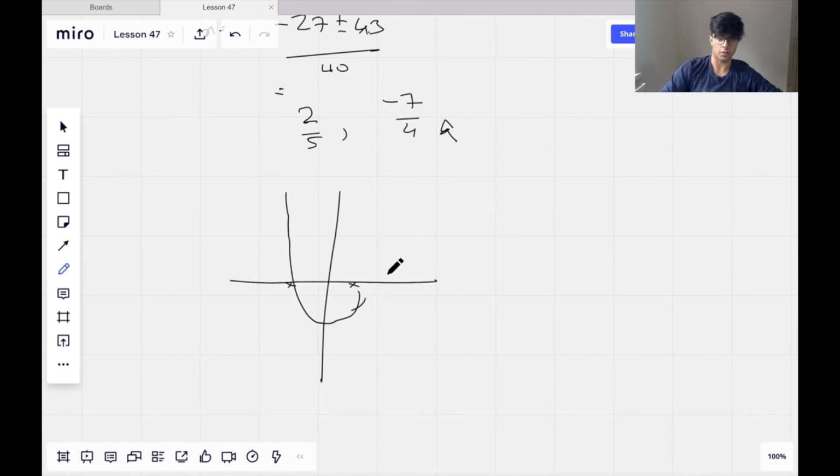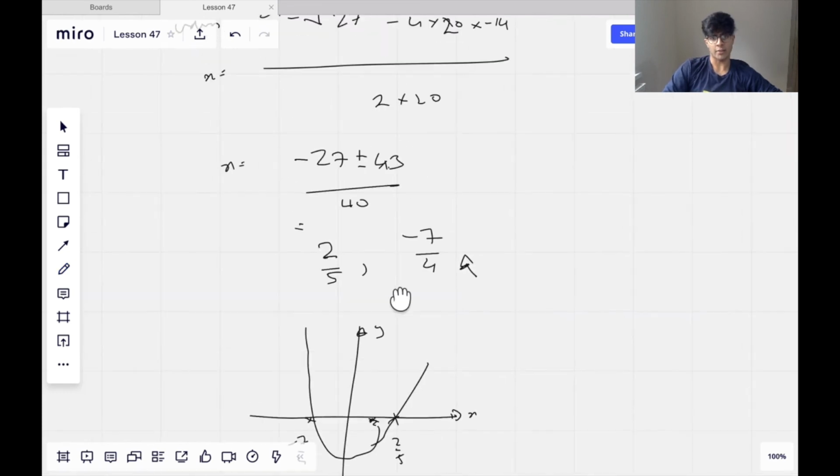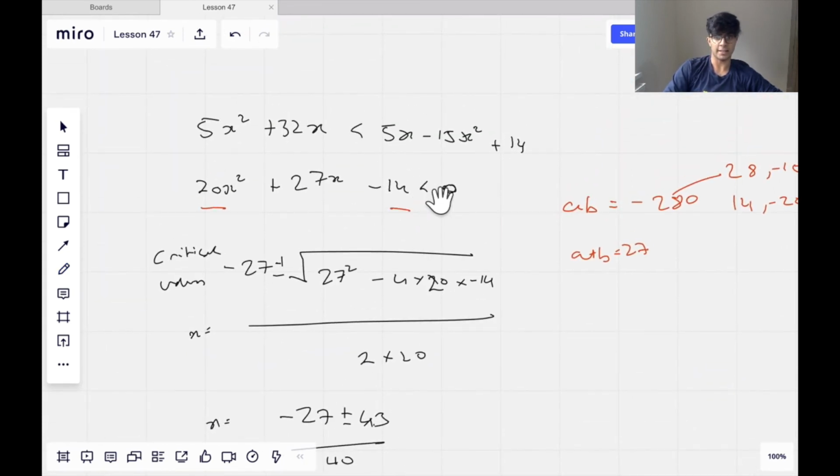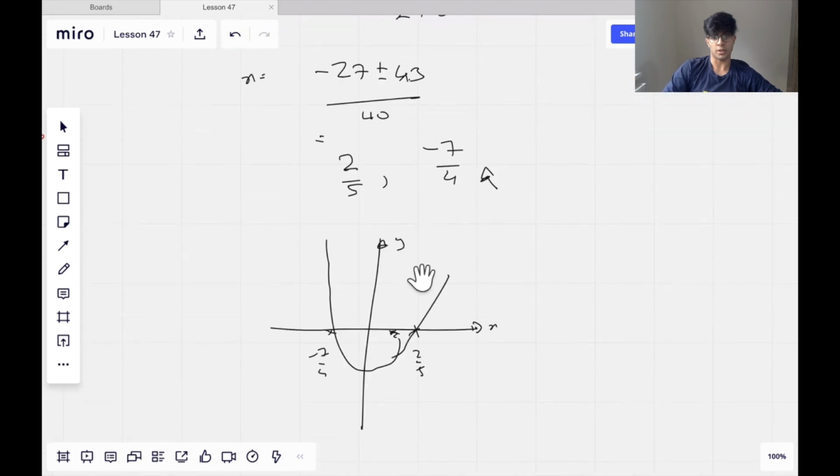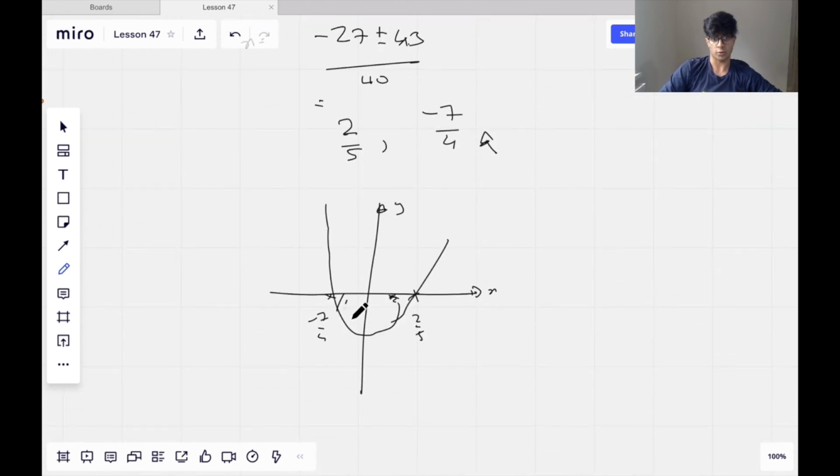This just needs to be a sketch, it doesn't need to be very exact. 2 over 5 and minus 7 over 4, with y and x axes, and we have it's less than 0. So we're looking for numbers below the x-axis, in between here. It's this strip that we're really interested in.